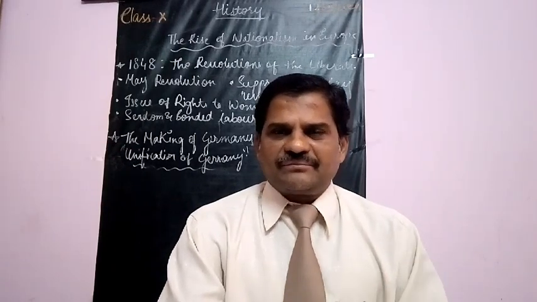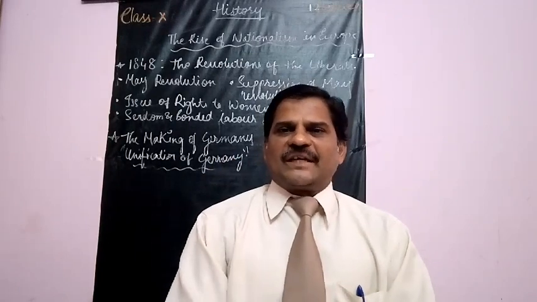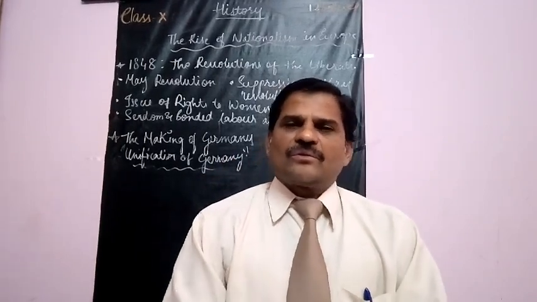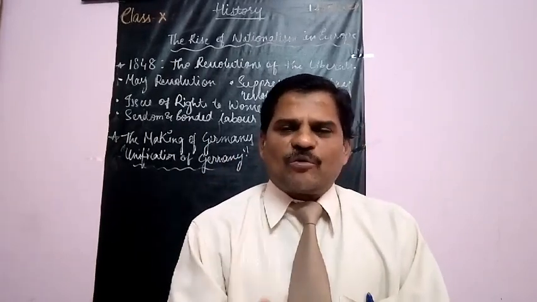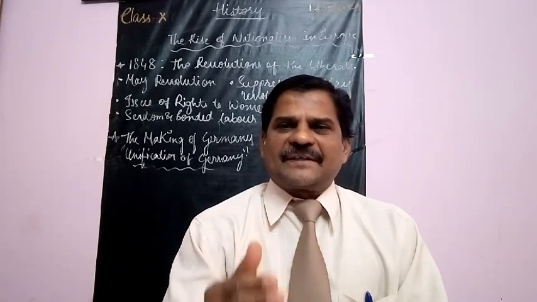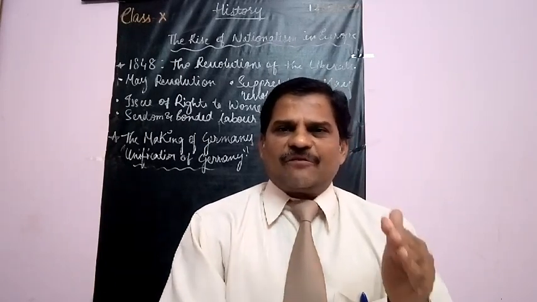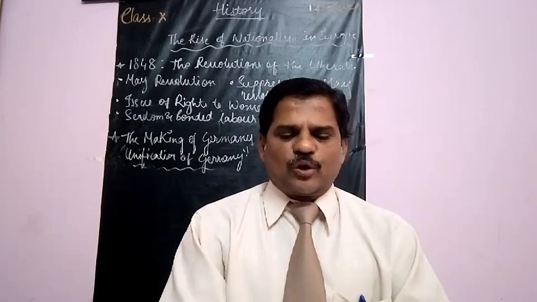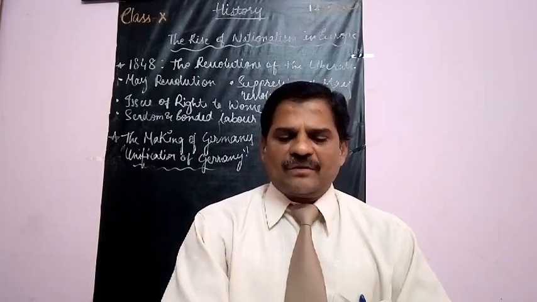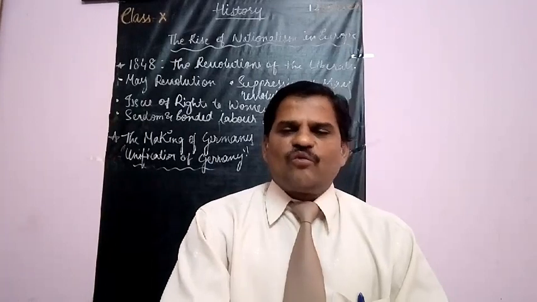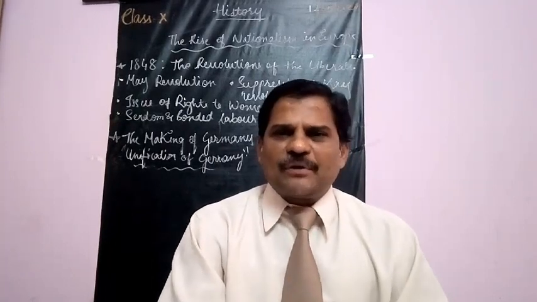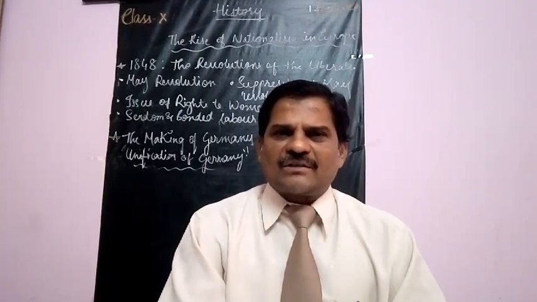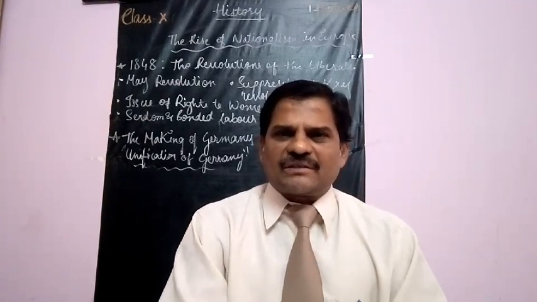That already we have studied, so we will continue from there itself. Generally in the European continent several revolutions were taking place, and these revolutions were carried out by poor people, unemployed people, starving peasants, workers. So these are the groups of people who were carrying out revolutions in various states or various countries.